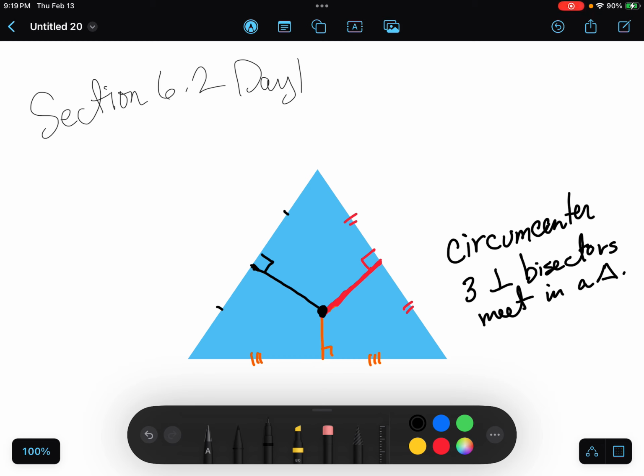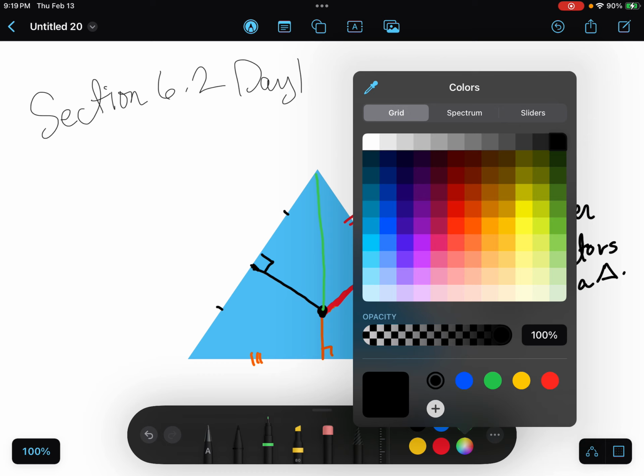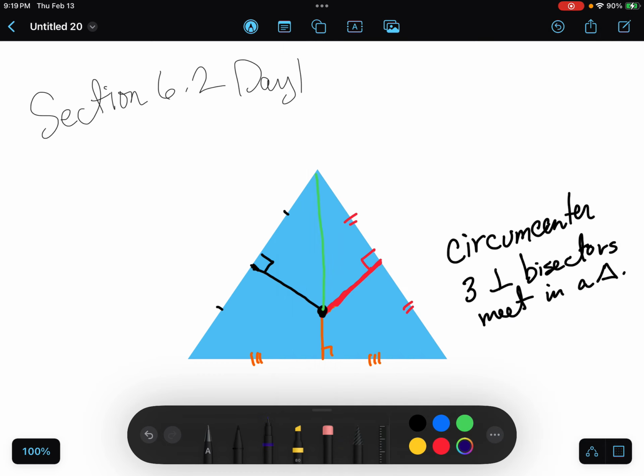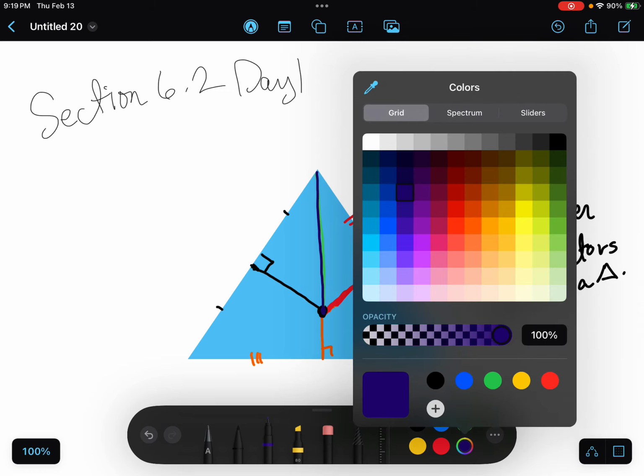And so what happens in your notes packet for day 2, once you find that circumcenter, this line out to here, green's not very good, can't use green, dark blue looks too much like, we gotta find something better here.